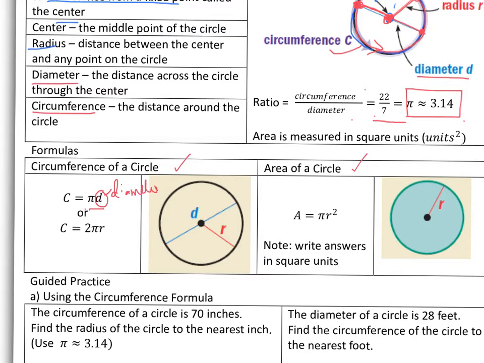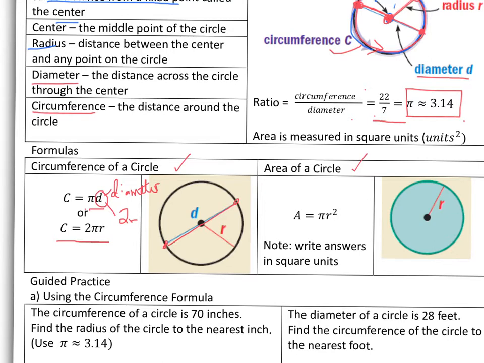Remember that diameter is just the distance from one endpoint of a circle through the center and to another endpoint on the circle. And the diameter is just twice the length of the radius. So we can rewrite d as 2r. So another way to represent circumference is 2 pi r.